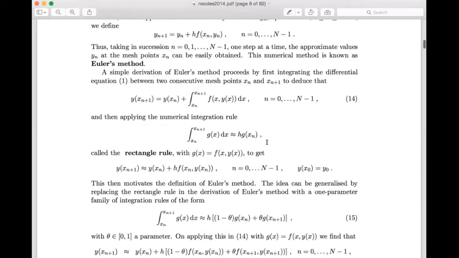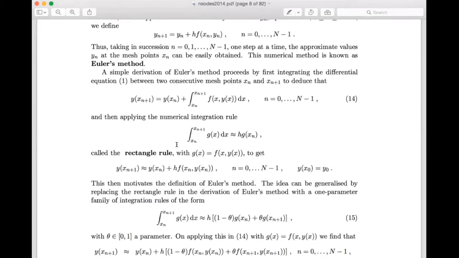So what I was discussing: our basic motive is to approximate this integral, am I right? We did it by the rectangular rule in the case of Euler backward or Euler forward, and by the trapezium rule in the case of the trapezoidal rule.